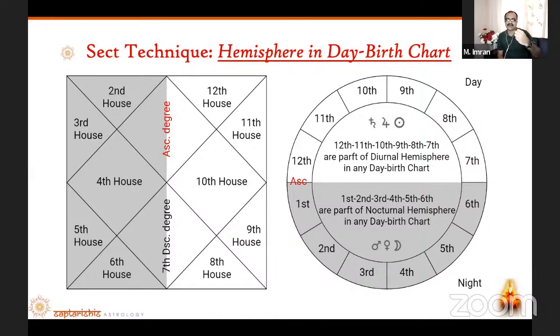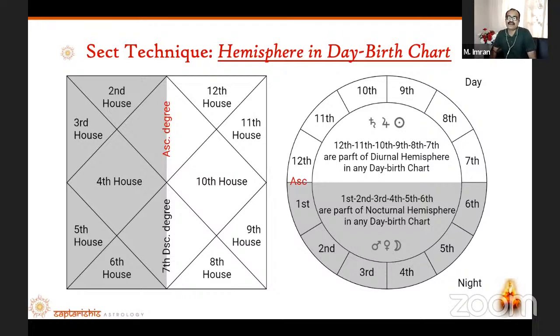So in this concept, we have earlier understood that Saturn, Jupiter, and Sun are diurnal planets, and in a daytime chart they are functionally benefic or functionally powerful. So Saturn, Jupiter, and Sun, if they are in the visible hemisphere in the daytime, act more beneficially. Saturn is a natural malefic, right?